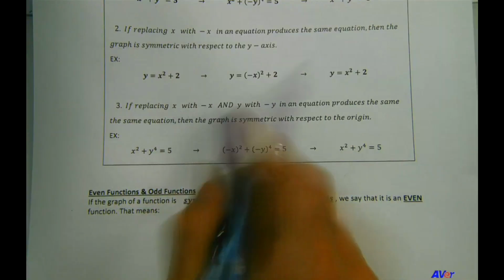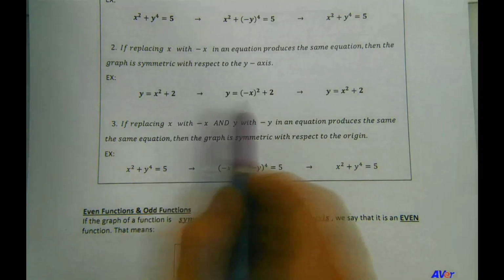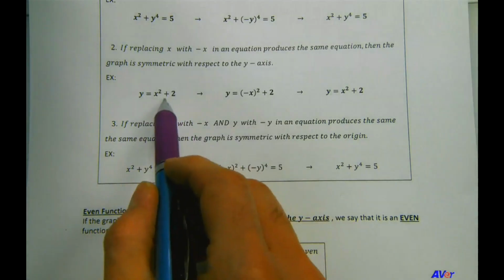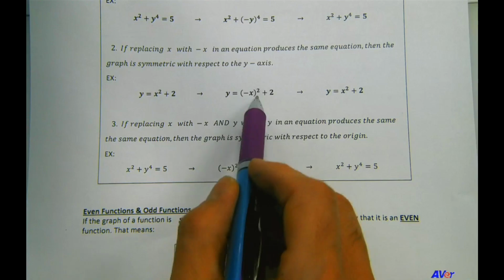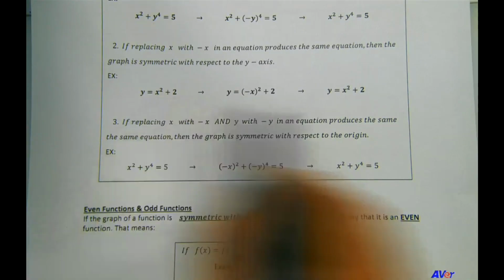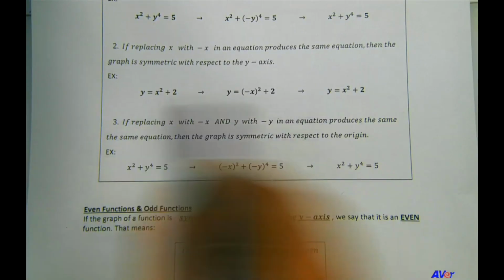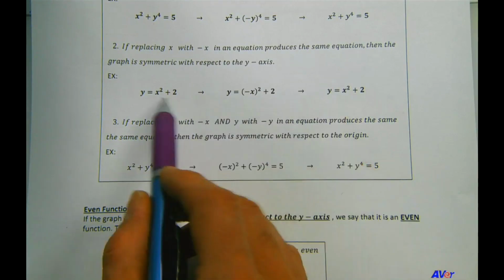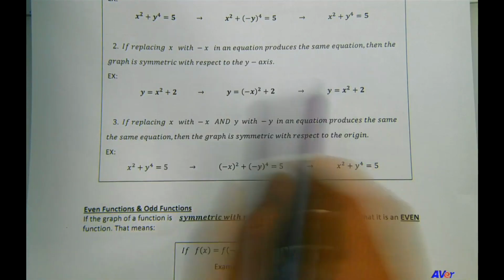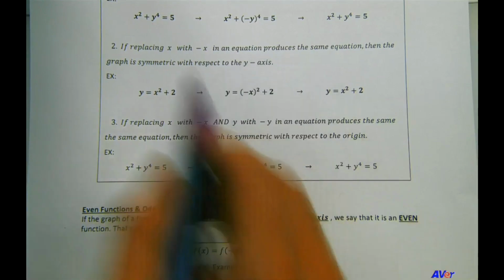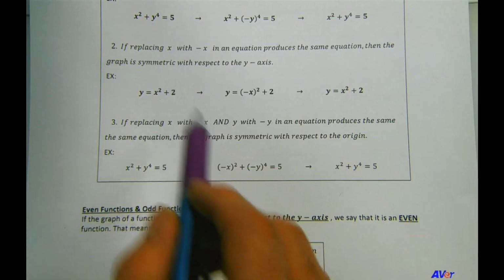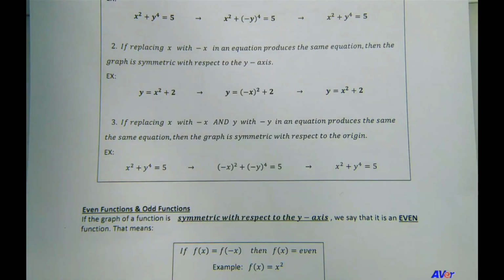Now, here is an example of that. We replaced x with minus x and squared it, just like what this is saying, and we ended up with the same equation. Compare this with that. Even after replacing it with negative x, we ended up with the same equation. So the graph of this equation is symmetric with respect to the y-axis.